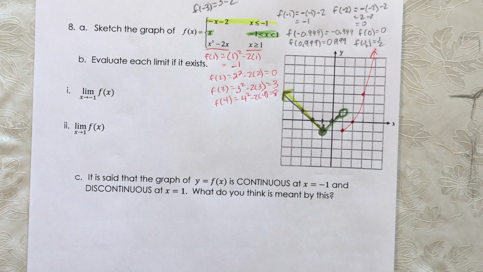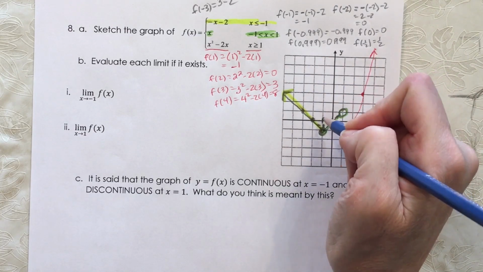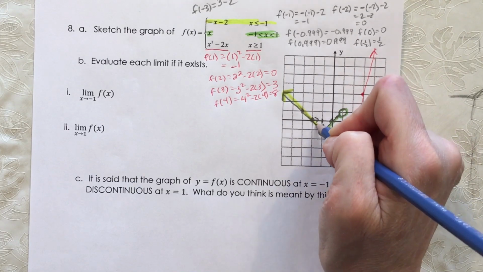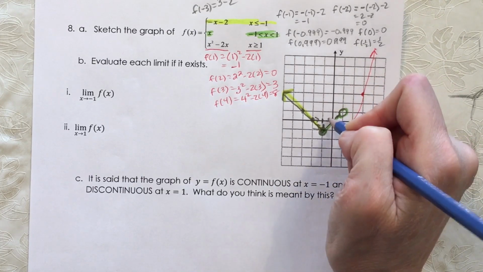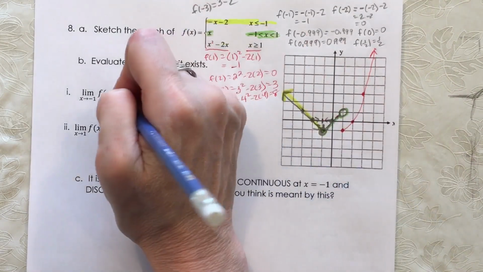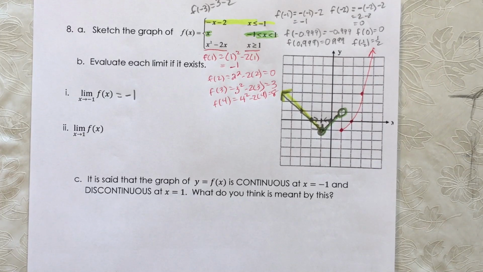So then it wants us to evaluate two limits. The limit as x approaches -1. So you can see as x is approaching -1 from the left, our curve is approaching -1. As x is approaching -1 from the right, also approaching -1, so the limit exists and is actually equal to -1.